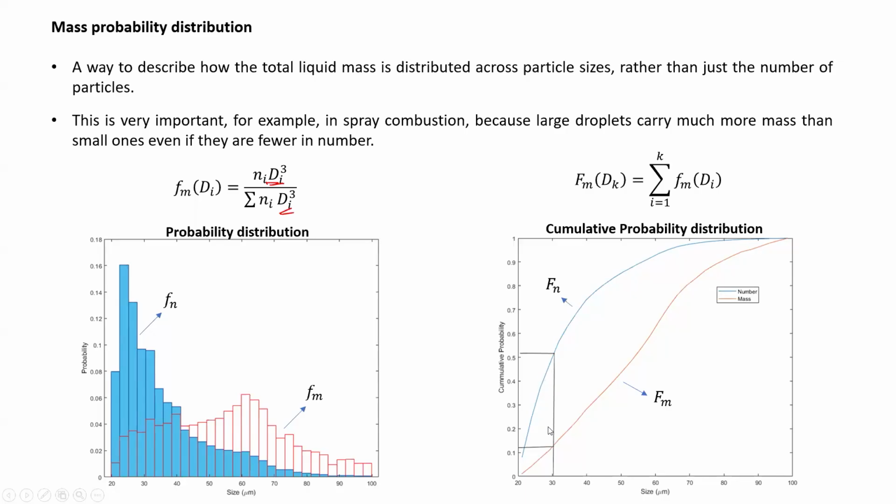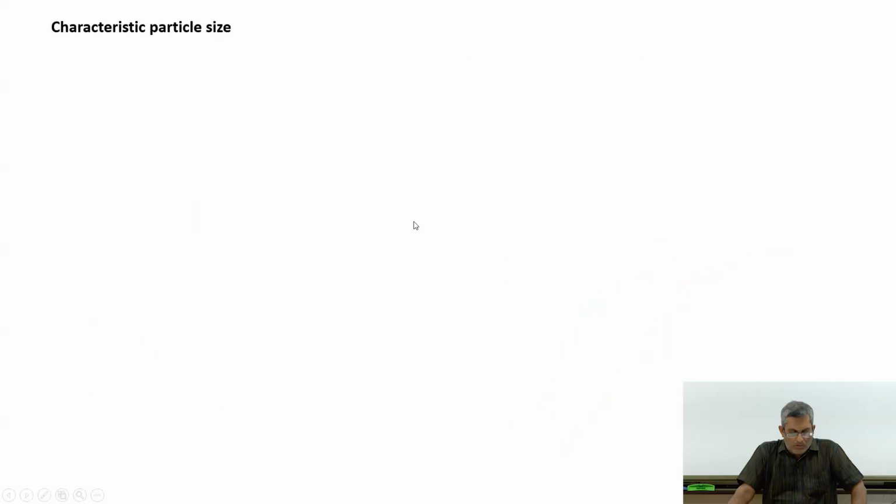If you consider the same particle size, let's say 30 micron, this represents nearly 50% of the total number of particles which are less than 30 micron. But if you see the mass probability, it is much lower. I hope you could understand. So this tells you that below 30 micron, you have 50% of the total number of particles, but only 10% of the total mass.